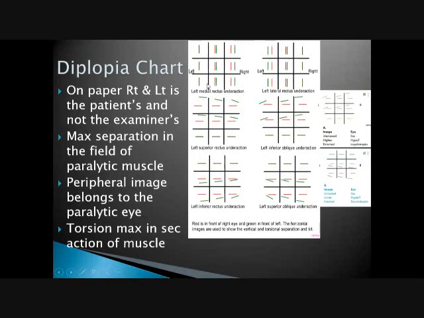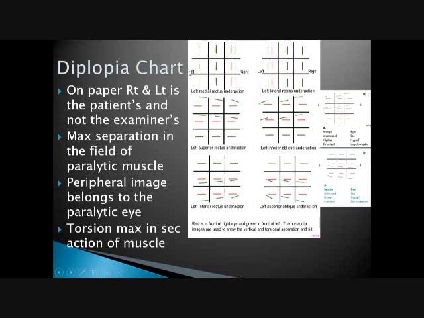Okay. So just to make you familiar with the diplopia chart, this is slightly different from the diagram of the cornea or retina. When you draw a cornea or fundus, you make the fundus of the right eye on the right side.